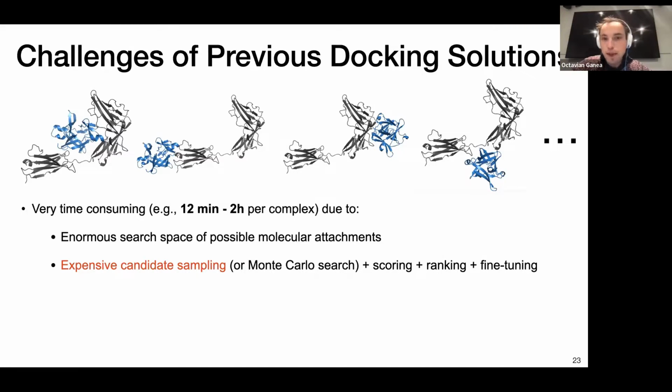So they sample like millions of such candidates, maybe using some Monte Carlo search. So they have this expensive candidate sampling. And this is followed by a scoring procedure, which can involve deep learning or can involve more traditional methods such as force fields. And then it's followed by ranking. And finally, the top scored candidates are then further fine-tuned in their respective binding locations.